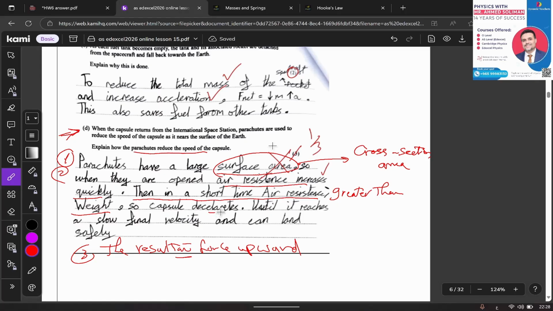So the capsule decelerates until it reaches a slow final velocity, or terminal velocity, and can land safely. So the resultant force is upward, so the capsule decelerates.